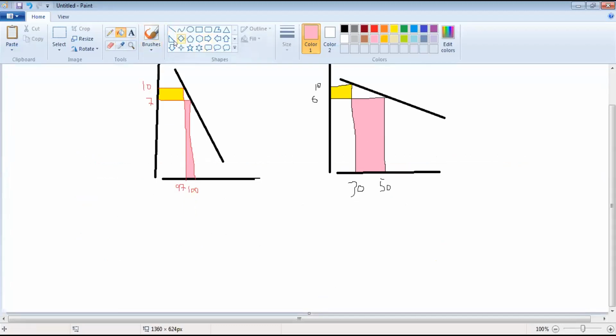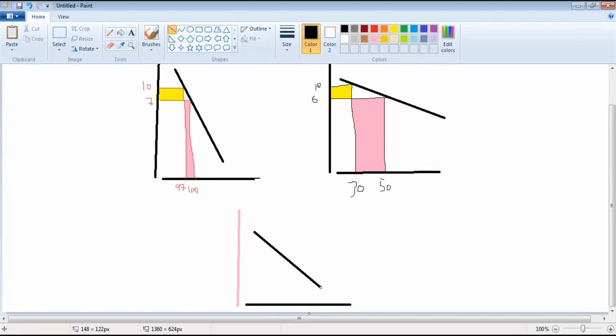So we have the price here, we have the quantity demanded here. Unit elastic will be something like this. Remember, this is inelastic, and then this is elastic. So unit elastic is between inelastic and elastic, maybe something like this.